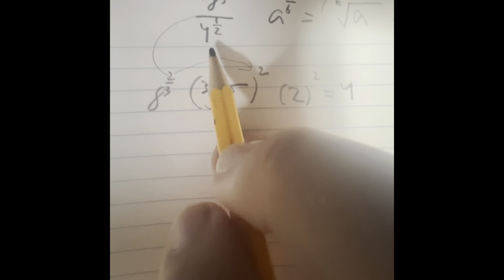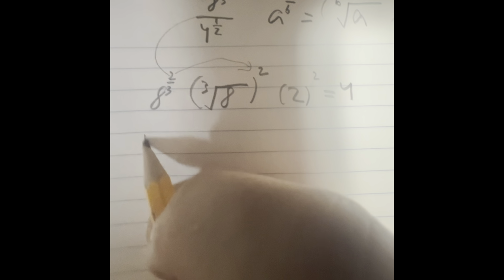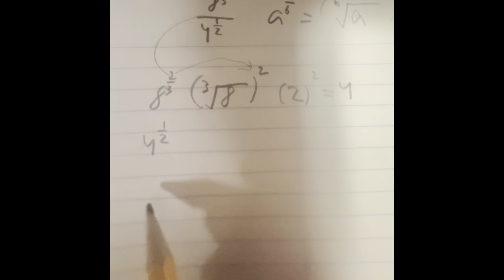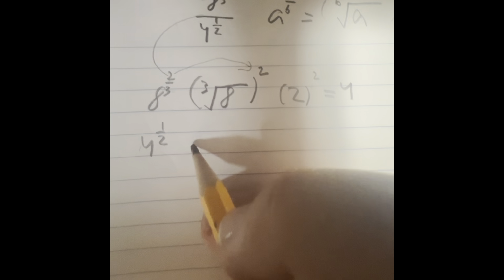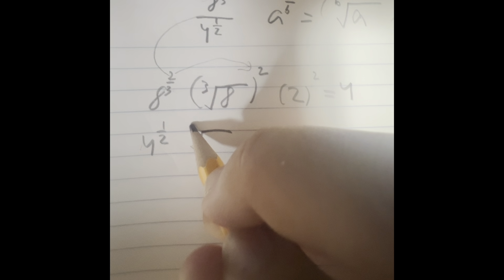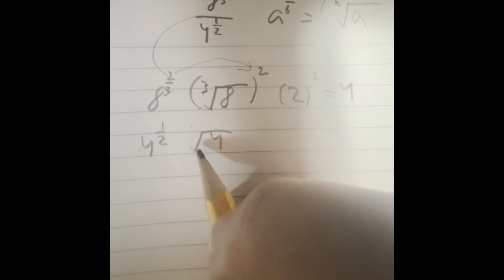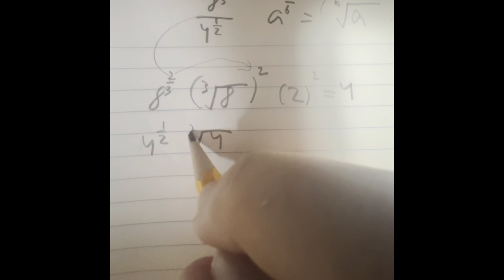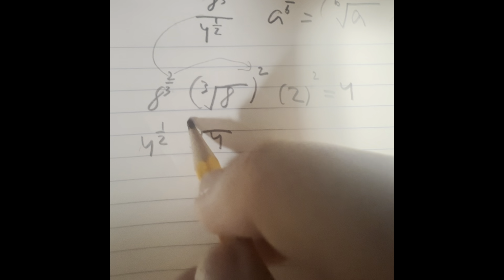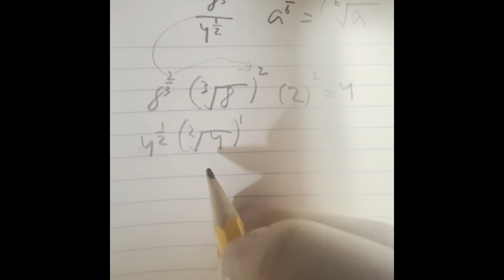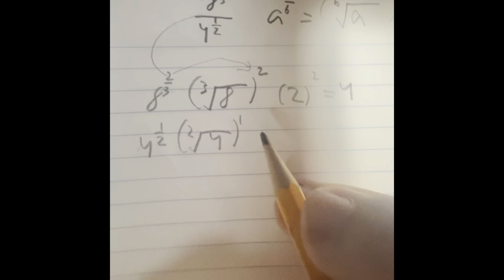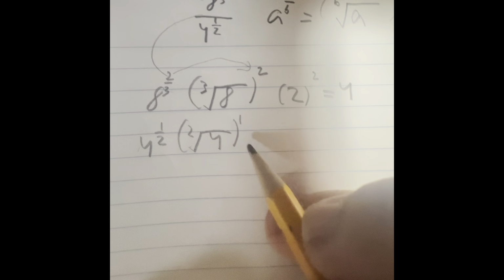Now, we have 4 to the 1/2. This we can just rewrite as the square root of 4 to the power of 1, which we can just ignore the 1, since anything to the 1 is just itself.